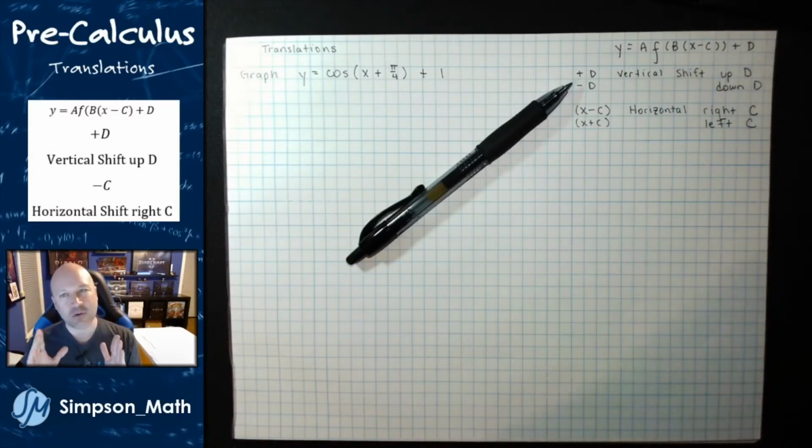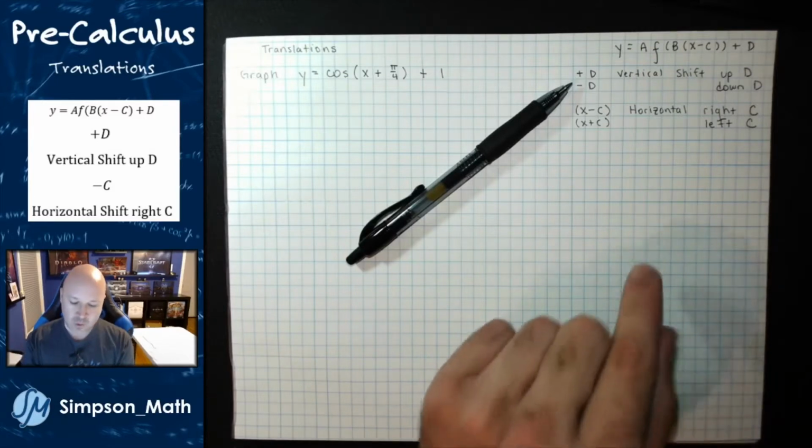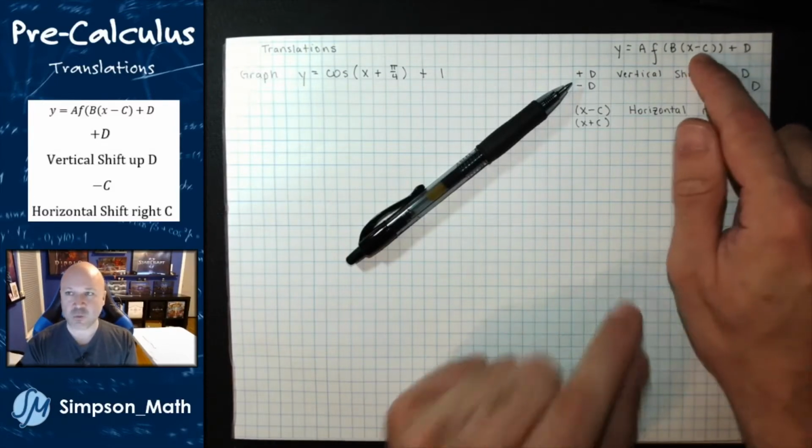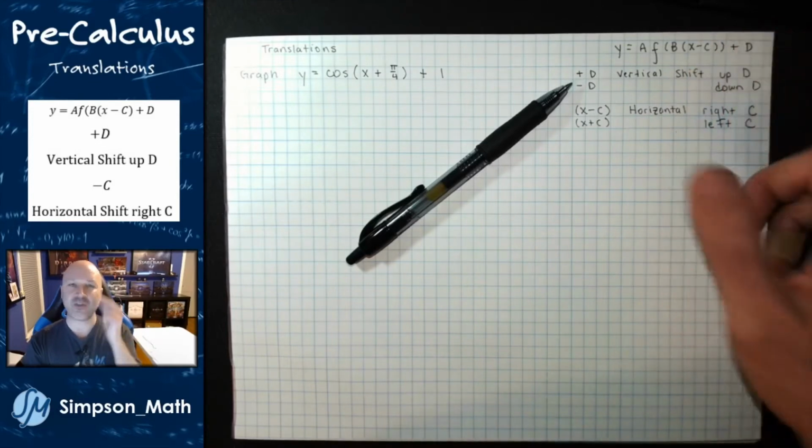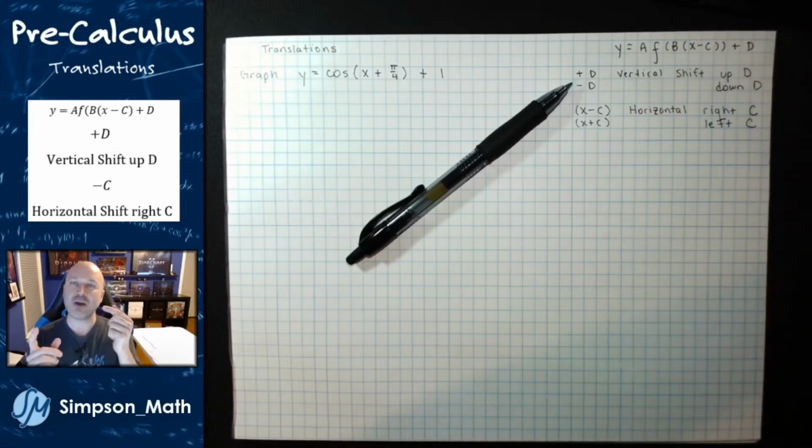Now remember from the dilations, anything on the inside, it kind of goes the opposite of what you want it to. So because of the minus sign, when I first see that, I think, oh, that should go left in the negative region. But no, it actually ends up going right.